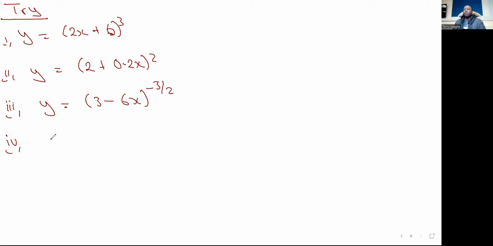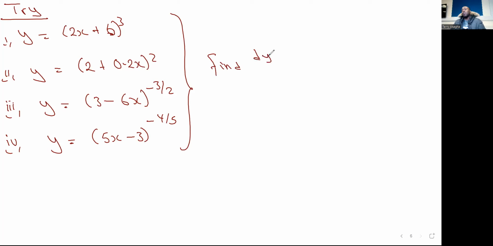And we have another one, y is equal to (5x - 3), all raised to the power minus 4 over 5. Okay? So in all these cases, I want you to find dy over dx, or the first derivative.